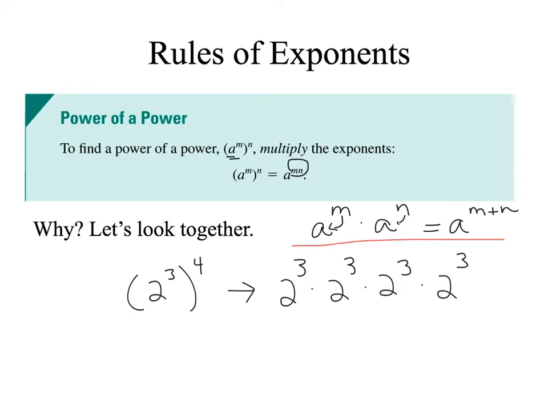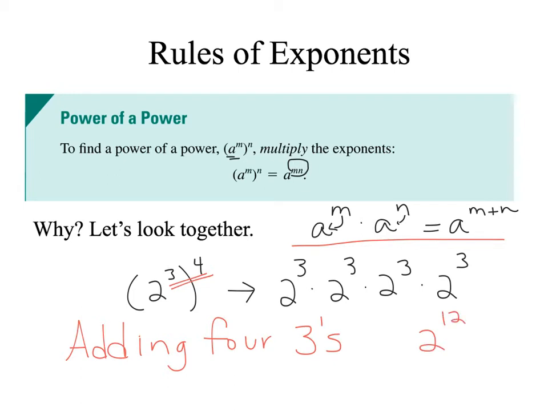Now if I go and add all those exponents, I'm adding 4 3's together. So let me write that in words. Adding 4 3's. Remember, repeated addition is the same as multiplication. So that's why I can say we'll just multiply 3 times 4 to get to the 12th power, rather than having to add each of those 3's together.